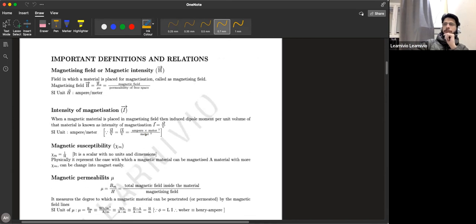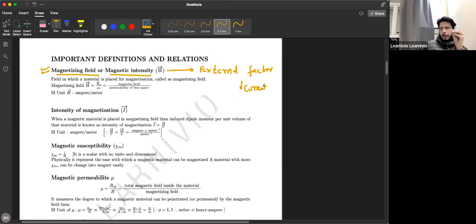We have discussed these things in magnetic effect of current also, but these are specific definitions like magnetizing field or magnetic intensity. By magnetizing field or magnetic intensity, we refer to some external factor which can magnetize the material, which is usually current.